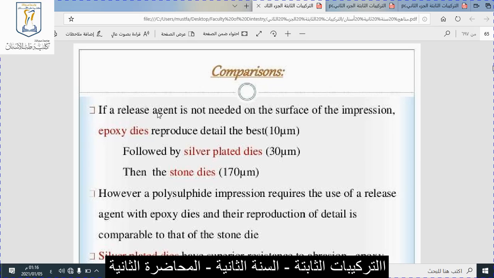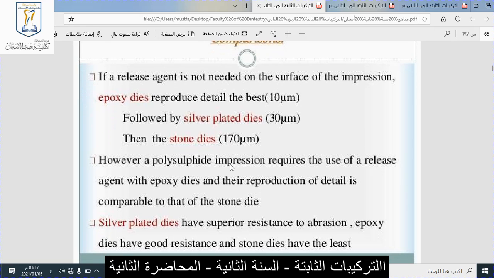Comparison. If the releasing agent is not needed on the surface of the impression, the epoxy dye reproduces detail best, followed by the sulfur-plated dye. So if there is no releasing agent present on the surface of the dye, the accuracy goes first to epoxy resin dye, then sulfur-plated dye, then stone dyes.